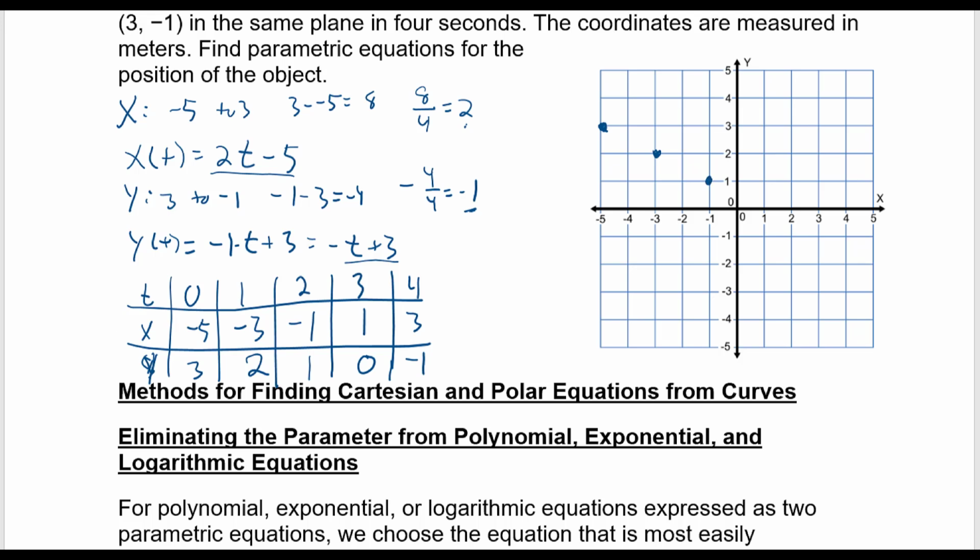Then 1 for x corresponds to 0 for y, and 3 for x corresponds to -1 for y. So we have a graph that looks like this, and it's going in that direction. Okay.